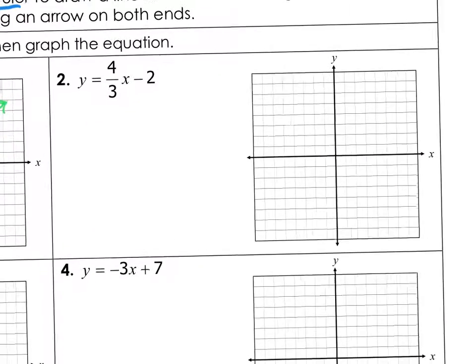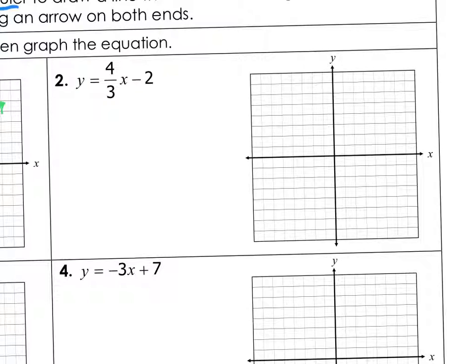So let's look at another example. So here we have our slope and our y-intercept. So my slope is 4/3, and my y-intercept is -2. That means that's (0, -2). Now let's graph. We graph the y-intercept first at (0, -2). That's right here.